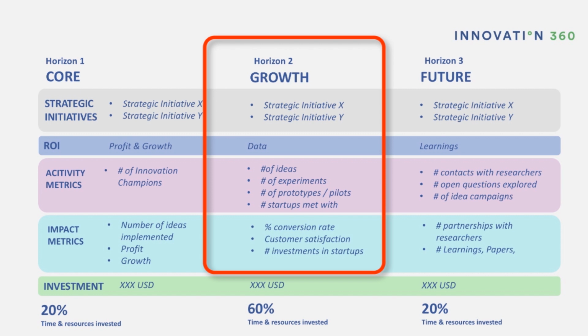How many of these things that you try out in the second horizon go into the first horizon? That's the conversion rate. You're typically also very interested in customer satisfaction, which means what's happening when you actually involve customers. And it could also be number of investments in startups. There are, of course, a number of other impact metrics as well, but these are a few of them.